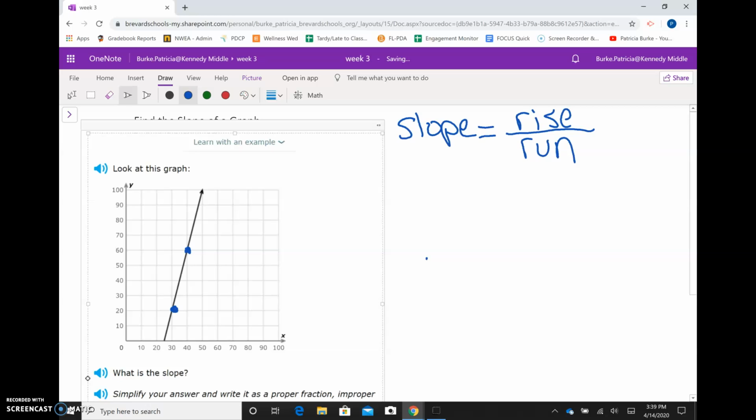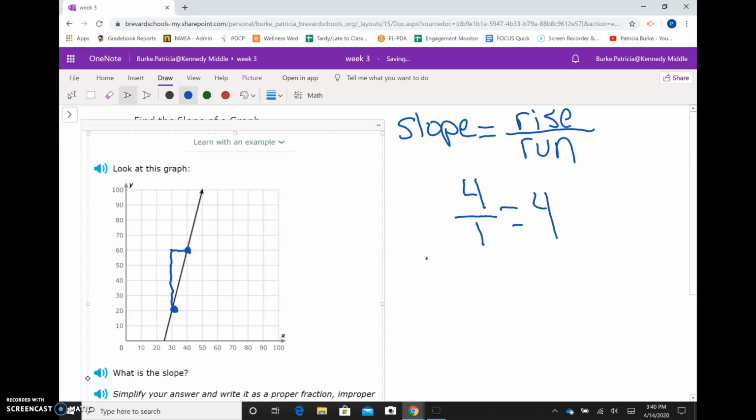Now you are going to rise 1, 2, 3, 4. Remember, you rise up floors in your elevator, and you run across 1 door. So we rise 4 elevator floors, and we ran once across 1 door. And 4 divided by 1 is 4.